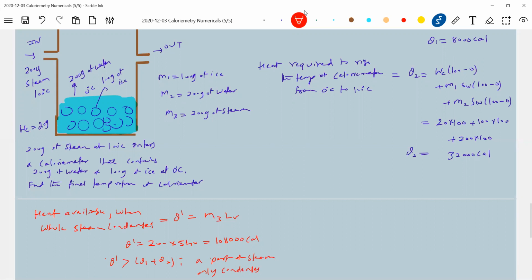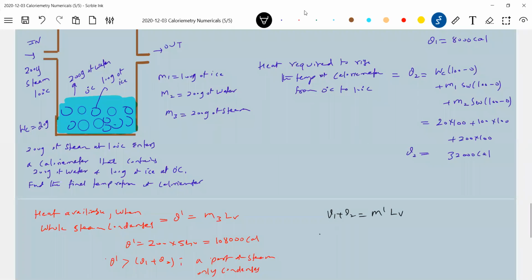So final temperature, what do you expect? 100 or less than 100? It should be 100 only. So now Q1 plus Q2 equals M dash into LV. What is M dash? Mass of steam that condenses.